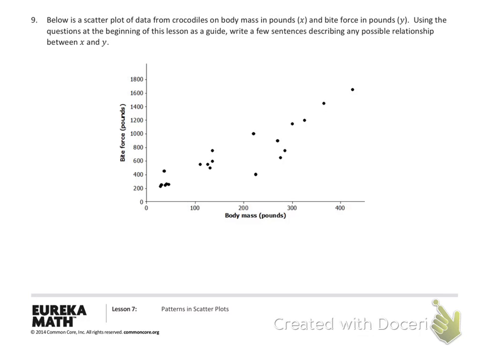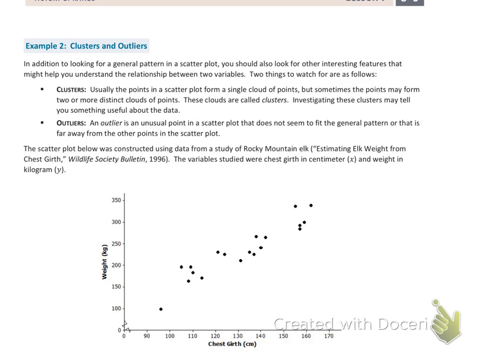Okay, let's move to a new topic here. As we're analyzing these scatter plots, as you're looking at a general pattern in a scatter plot, and I'm reading here in your notes, you should also look for other interesting features that could give you clues to the relationship between the two variables.